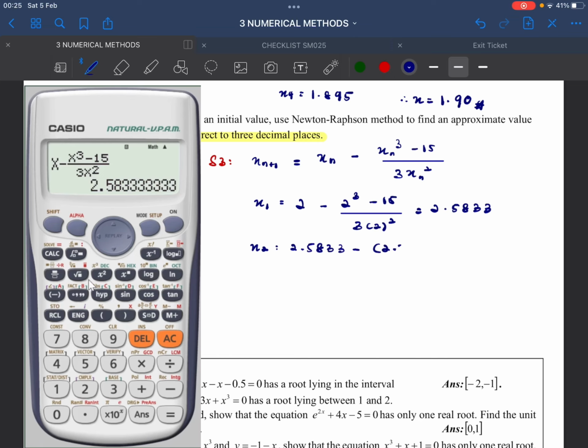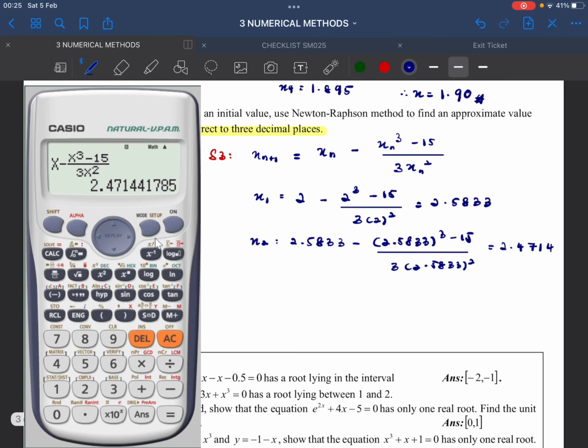Minus 2.5833 cube minus 15 over 3 times 2.5833 square. Okay, we press CALC, answer, equals to 2.4714. Okay, 4 decimal places.